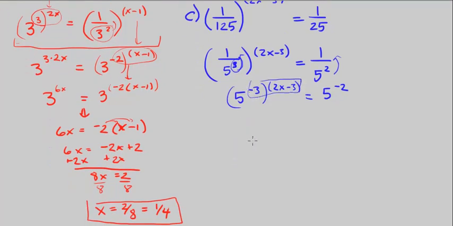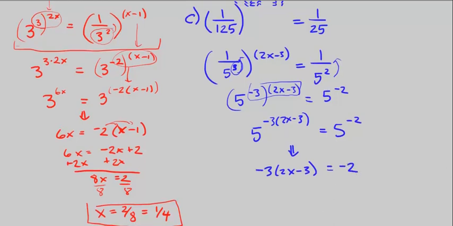This we know is going to be 5 to the power of -3 times 2x minus 3. And we have 5 to the -2 on the right. Now that we have the base being 5 on both sides, we can set the exponents equal to each other. -3 times 2x minus 3 equals -2.